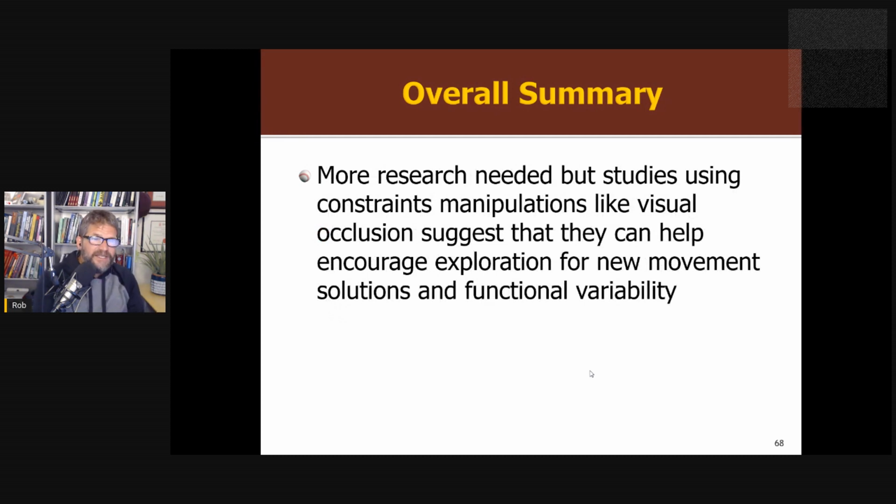More research is needed, I think, on some of these constraint manipulations and on understanding how they influence and encourage good variability, things like visual constraints, and doing things like the uncontrolled manifold analysis. So I think basketball is right for understanding this. I think it's an interesting sport because it lies between the continuum of total chaos, like soccer, and very low changes in constraints, because you have things like free throw shooting that are very similar every time, and an open jump shot can be very similar every time.